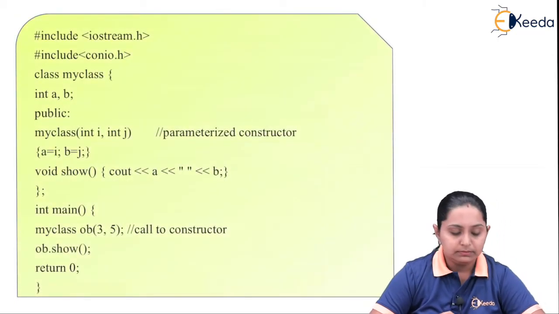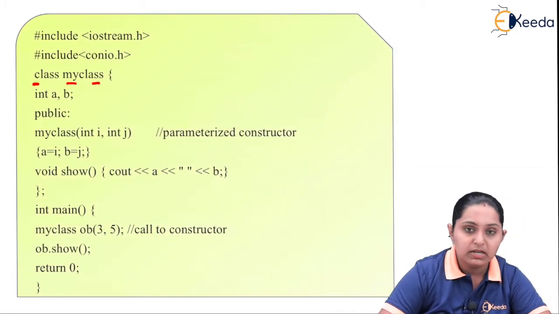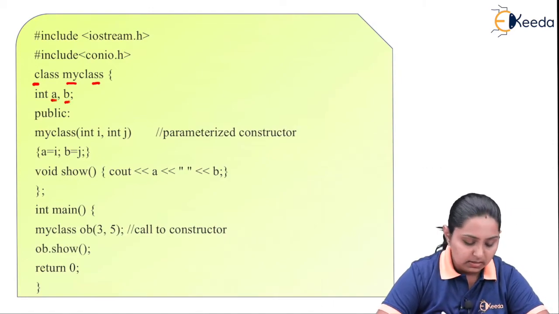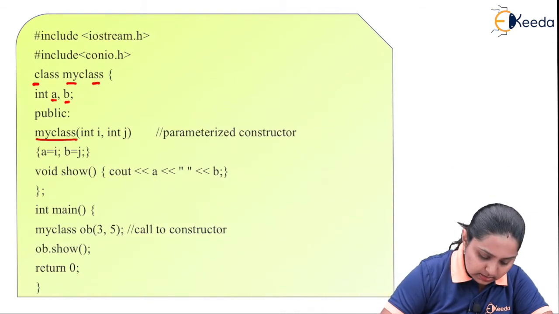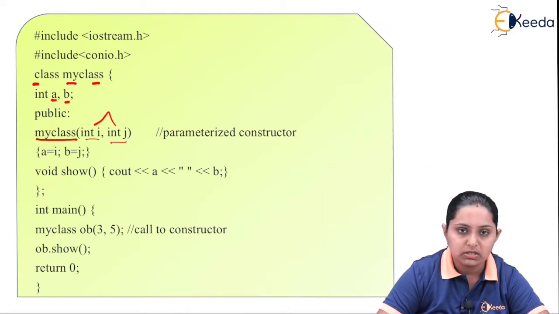For example, in MyClass, I am creating two data members, a and b. Then we are declaring one parameterized constructor as MyClass(int i, int j). At this time, I am creating two parameters with the help of the parameterized constructor.